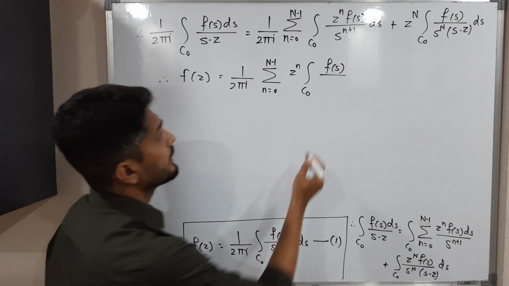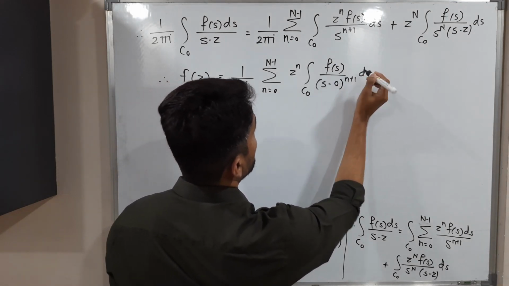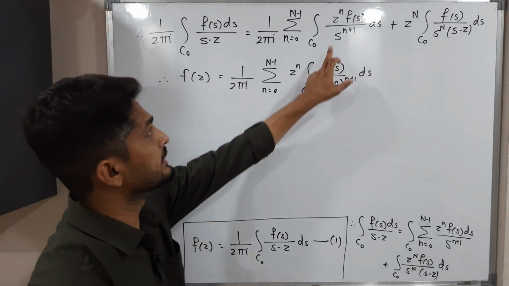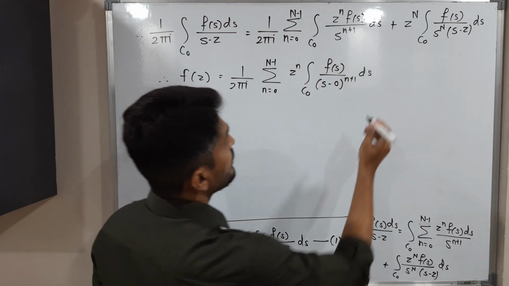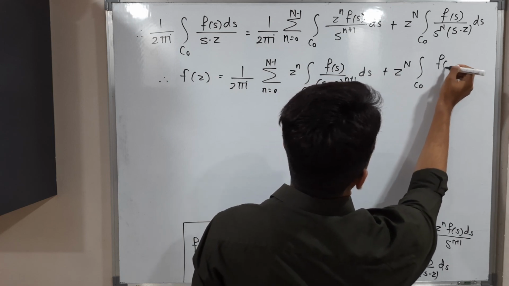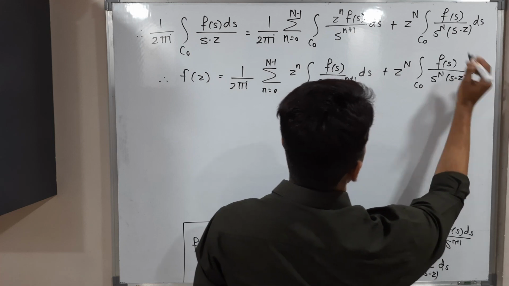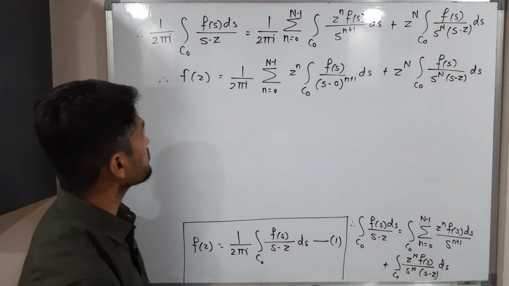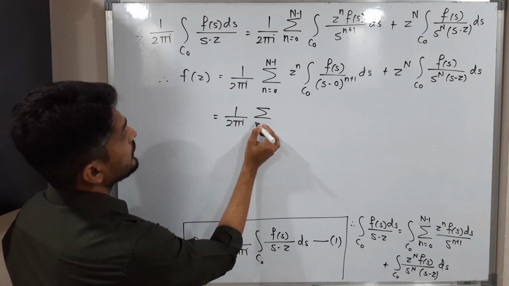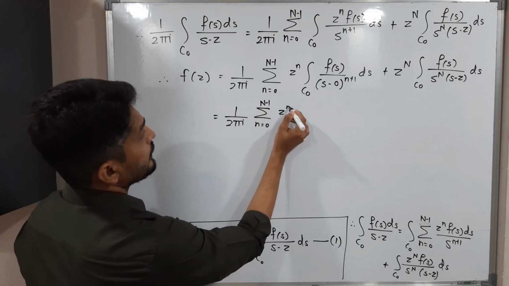The same thing we can write in this way also, s minus 0 raised to n plus 1 ds. Purposely I am writing in this way. s minus 0 is again s, I know. So plus z raised to N integration over C naught of f of s upon s raised to N times s minus z ds. I have written the same as it is. So this is equal to 2 pi i summation n running from 0 to N minus 1 z raised to n.